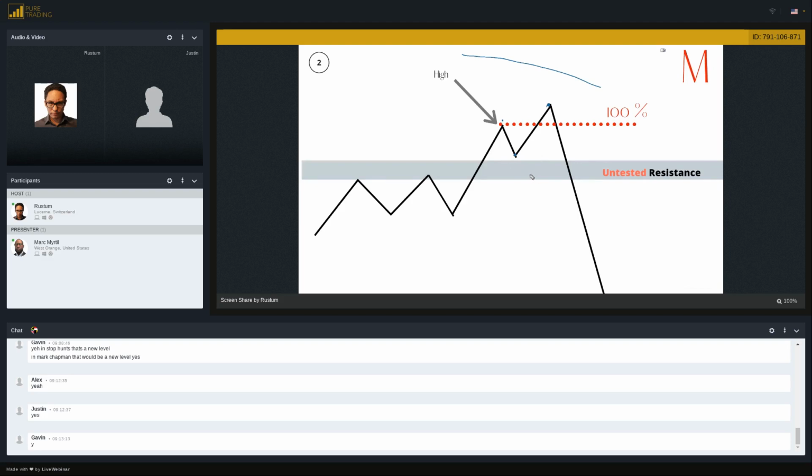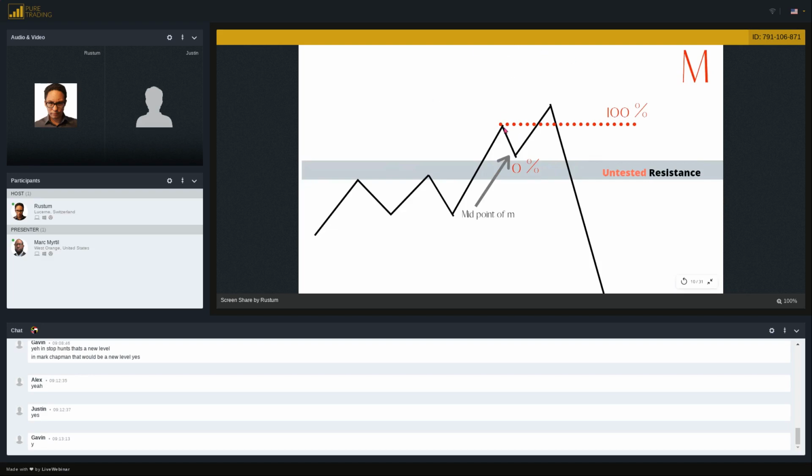But what we're going to do, instead of divergence qualifying that entry at the M there, we are going to use the midpoint.